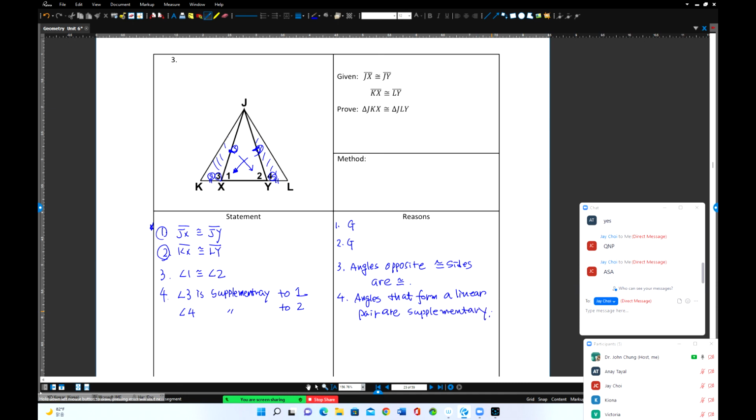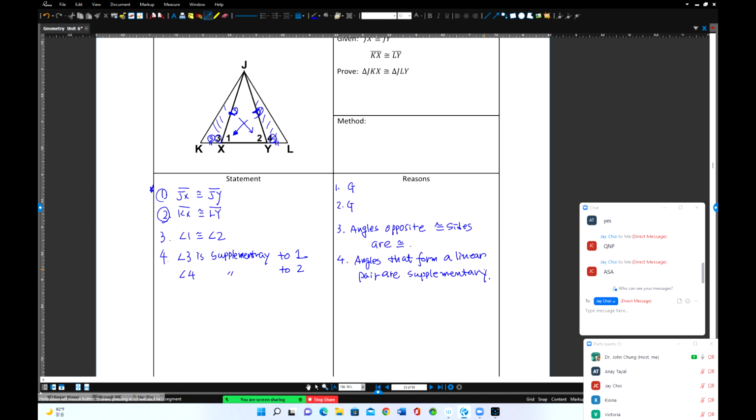Now we can say angle 3 is congruent to angle 4. The reason is: supplements of congruent angles are congruent.